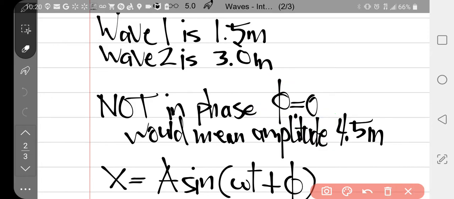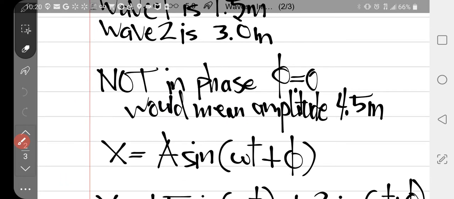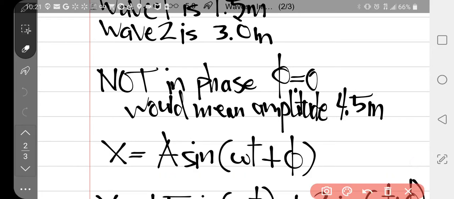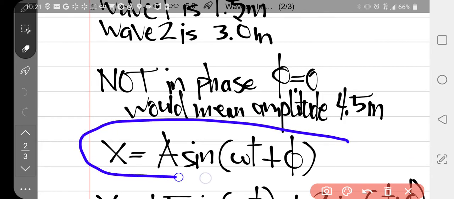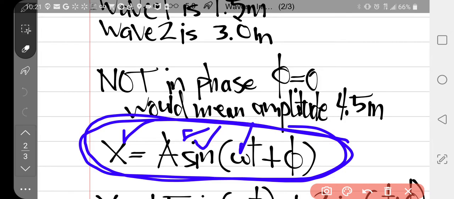So then what we do, we just use the standard equation for oscillations. X is your displacement, A is your amplitude or max displacement, sine, and then omega is your radians per second, t is time, and then your phase angle.